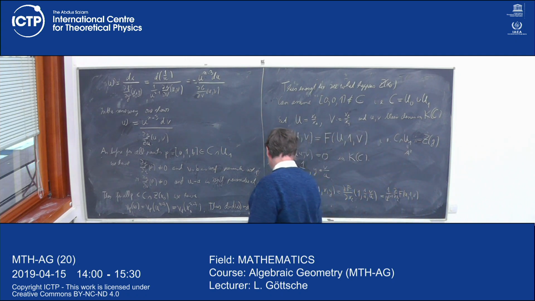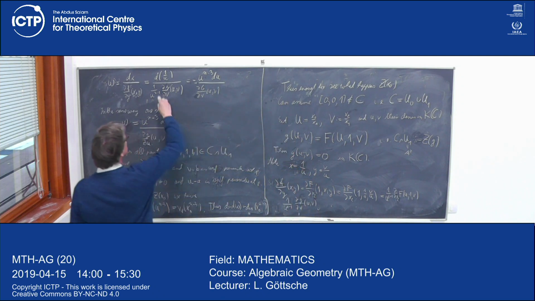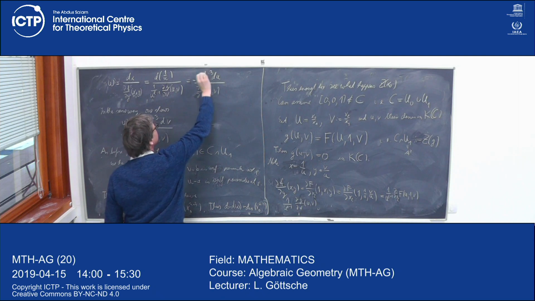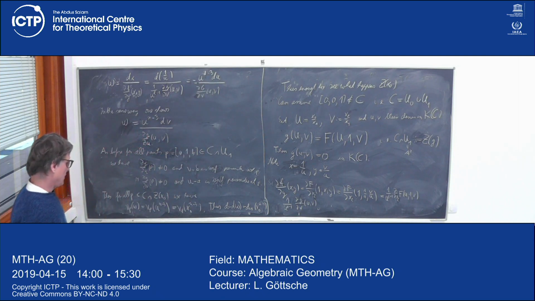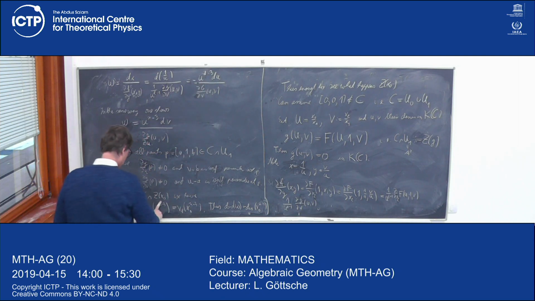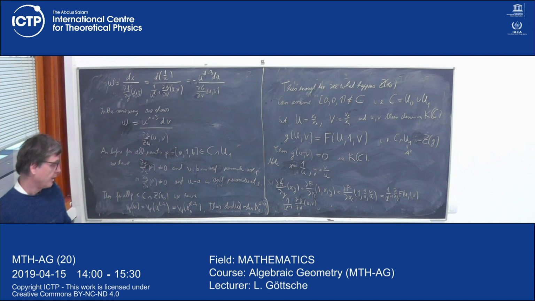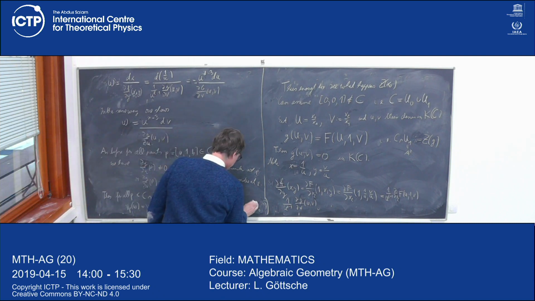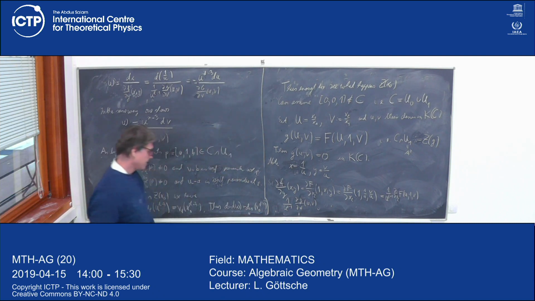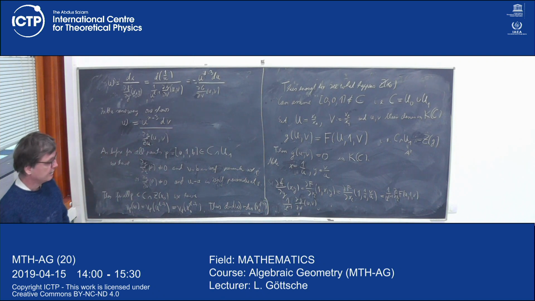And then it would follow through to this: you get d minus 1, you get d minus 3. So I have now that the divisor of omega is the divisor of x0 to the d minus 3.